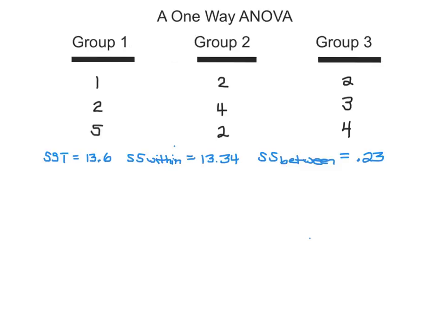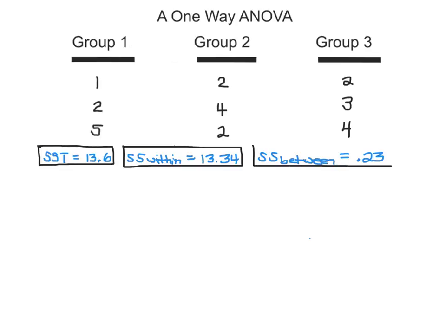So at this point we found the sum of the squares total. We found the sum of the squares within. And we found the sum of the squares between.